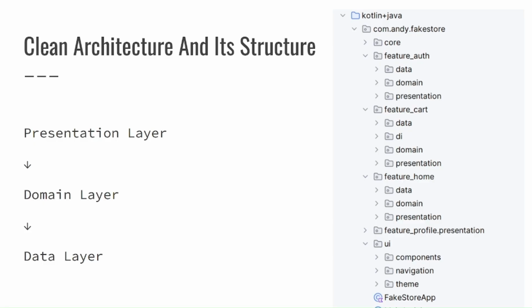So let's view the overview of the clean architecture layers. In clean architecture, there are three main layers. One is the presentation layer, which is our UI, and the data flows through the presentation layer to the domain layer, and after that the data layer.